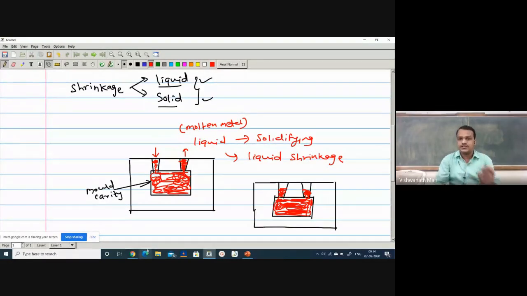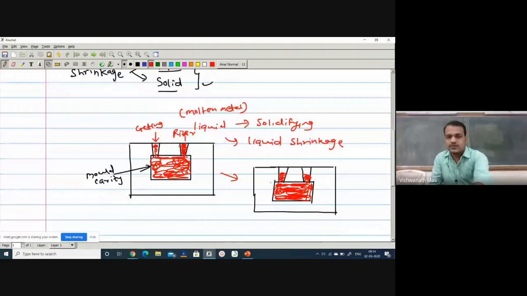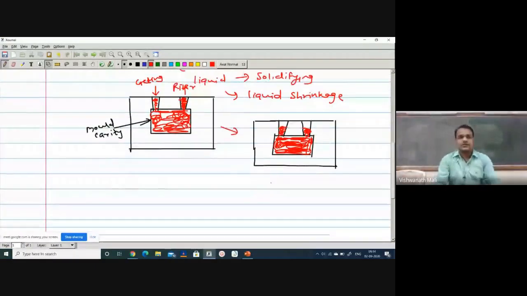So this is the first, liquid shrinkage. To take care of liquid shrinkage, the molten metal in the riser and in the gating system will be used. Here liquid got shrunk, and whatever extra liquid we need is taken from the gating system and the riser system. So liquid shrinkage is taken care of. Now the next part is we need to take care of solid shrinkage.